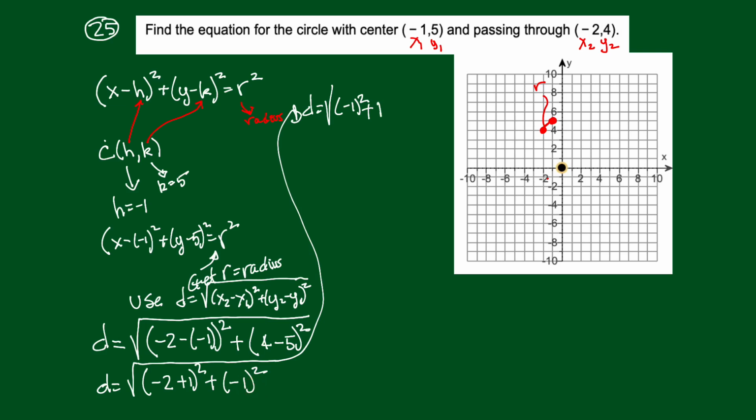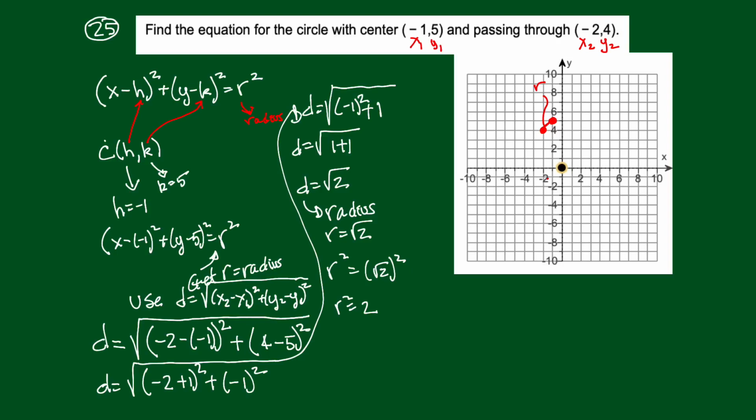So we're going to get 1 plus 1. So that distance is the square root of 2. Now, this is actually the radius, since I'm finding the distance between these 2 points. So the radius r is equal to the square root of 2. But what we're looking for is not just r, but r squared. So just square both sides: squaring the square root of 2, you just get 2.